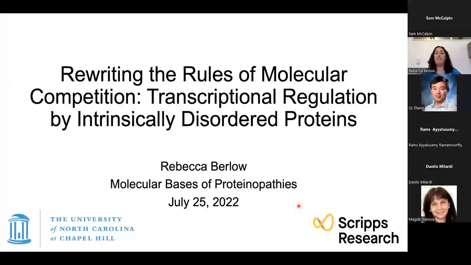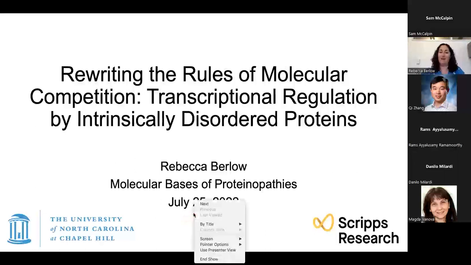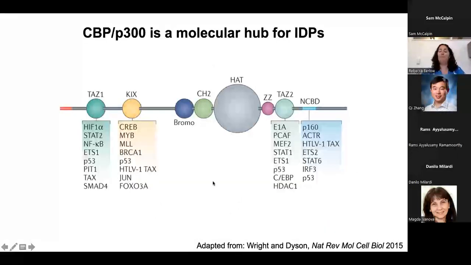And one of the questions we had about disordered proteins is best illustrated by, I will attempt to move ahead in my slides. One moment. And so one of the critical properties of intrinsically disordered proteins is that they're often involved in networks or hubs that involve many, many different binding proteins.